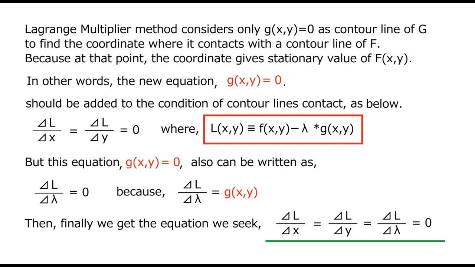And secondly, the equation del L del lambda equals 0 should be added. So we get the Lagrange multiplier method.